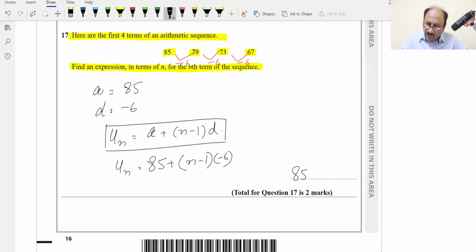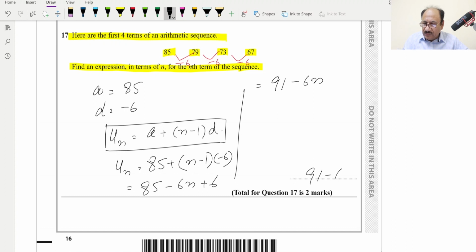Otherwise we can basically open and simplify also. 85 and minus 6n and plus 6, so this will be equal to 85 plus 6 will be 91.